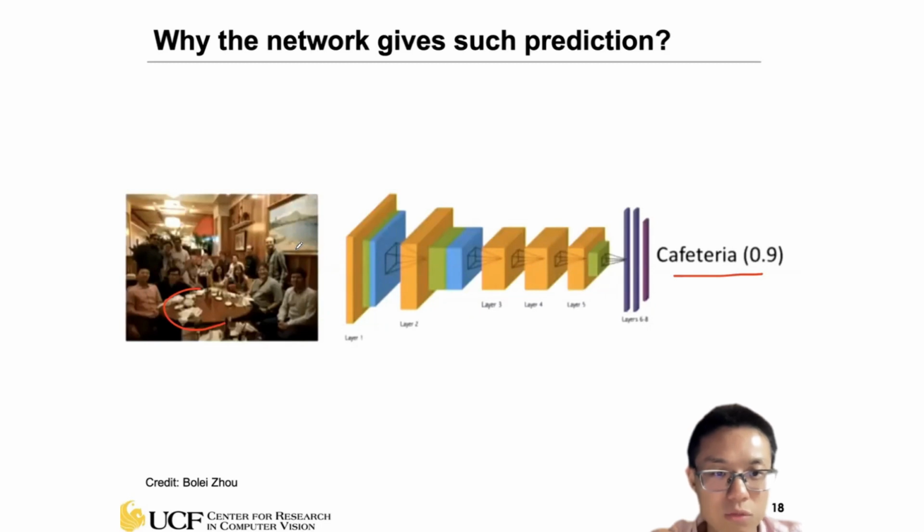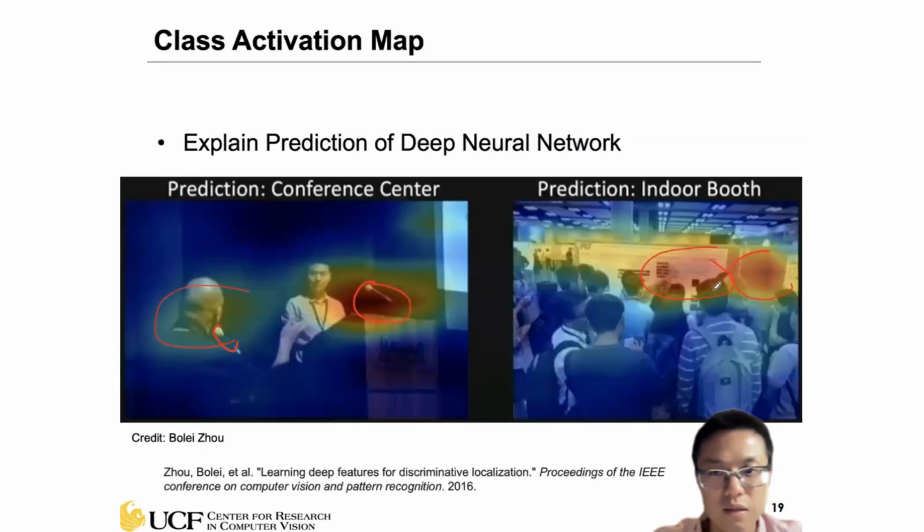But how does the network make a decision? What kind of information does the network use? We want to understand from this perspective.